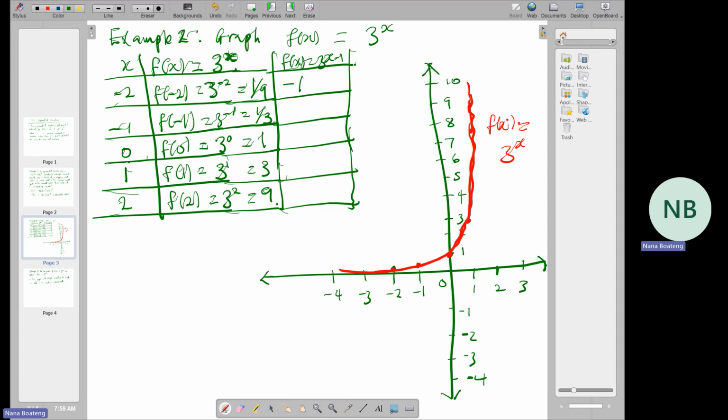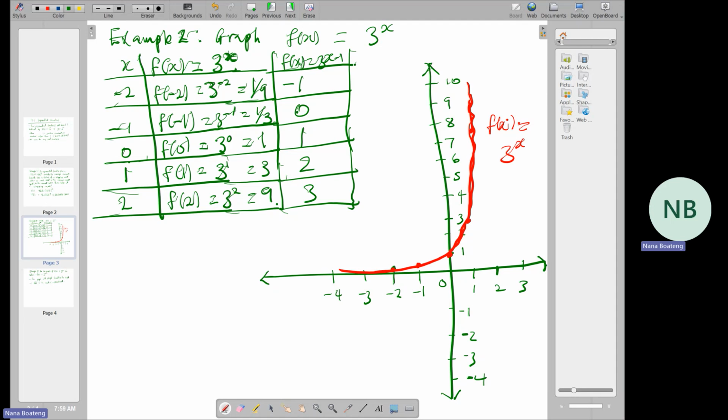Instead of x being -1, it becomes 0. 0 becomes 1, 1 becomes 2, and 2 becomes 3. So these become the new x coordinates for 3 exponent x minus 1. All right, so the y coordinates still stay the same.